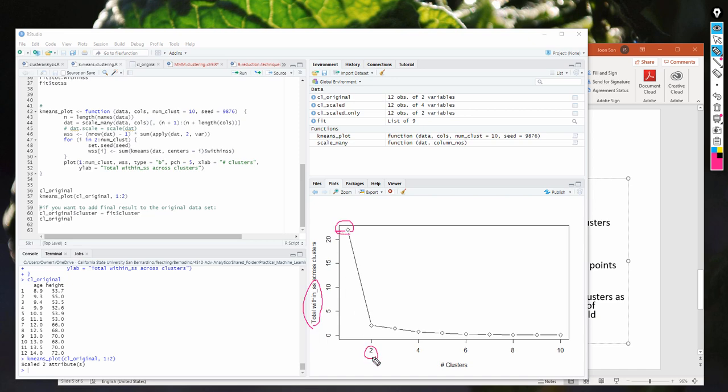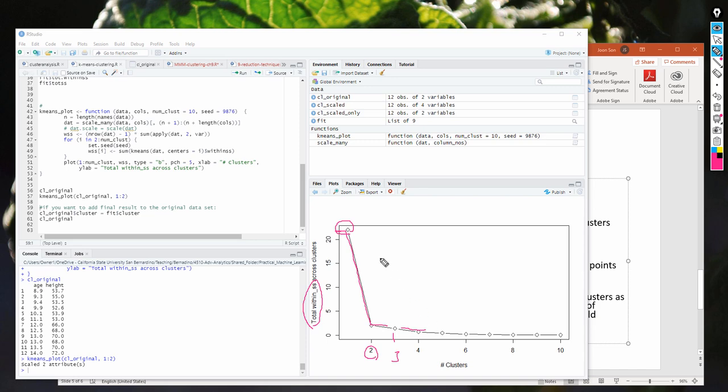But when you have two clusters, this is dramatically reduced all the way down to 2 point something. It's a really small value. And then when k is equal to 3, there's some drop, but it's not as dramatic. After 3, there's really no reduction in total within SS, so there's no reduction in the degree of inconsistency.